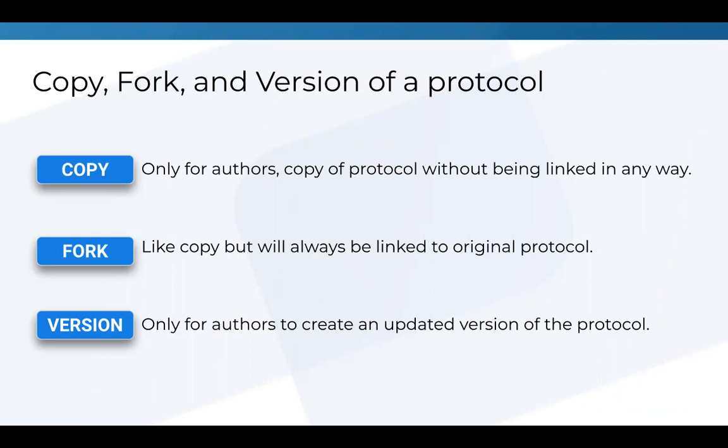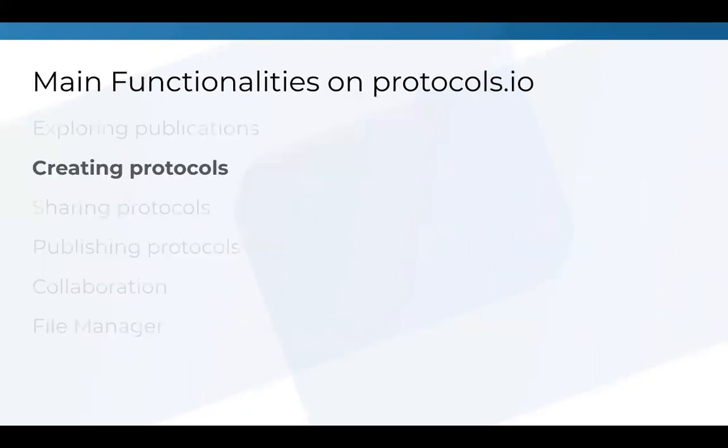So you can take this other person's protocol and modify it to your needs. That will be linked to the original protocol, but it's your version of it. And then the version control that I showed earlier is also only for the person who created a protocol, so they can keep it up to date. So those are the differences.